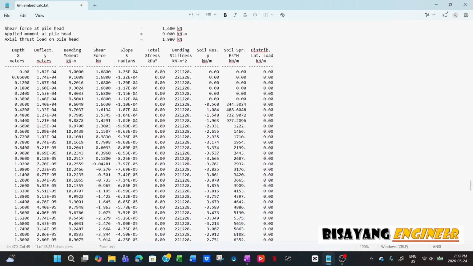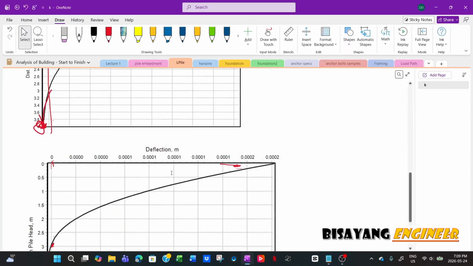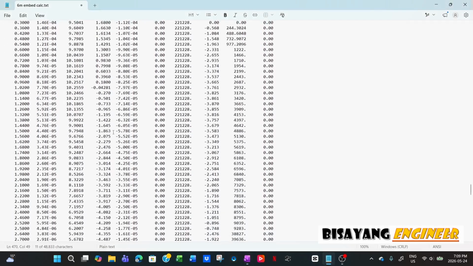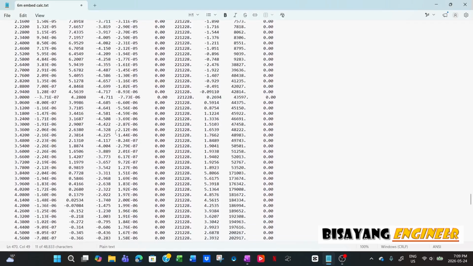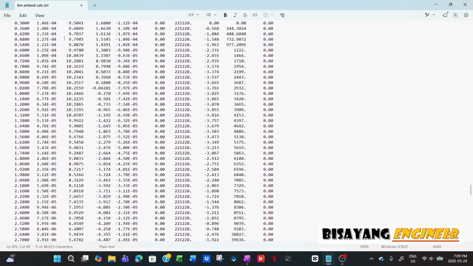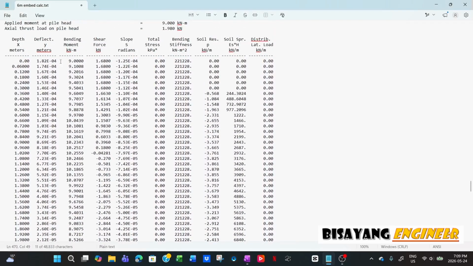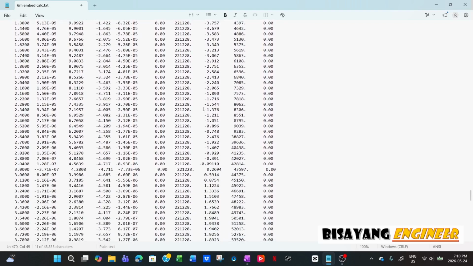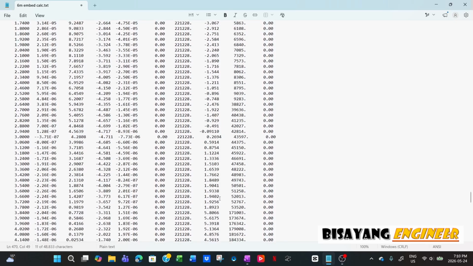So this graph you saw earlier, the calculation is this. Like I said, the pile deflects to the right because the direction of the load is to the right, and then there's a first point of inflection at 3 meters, so it's negative.